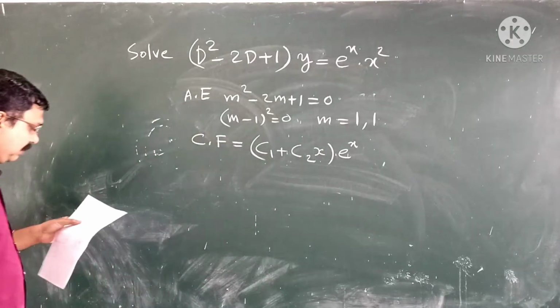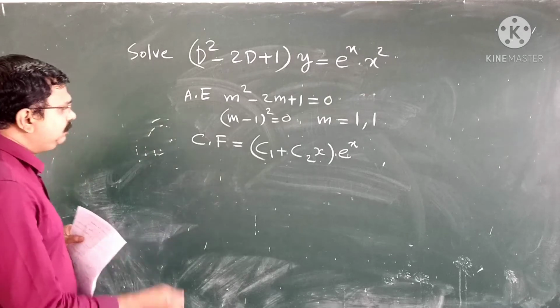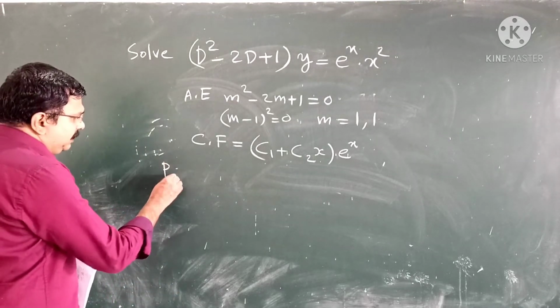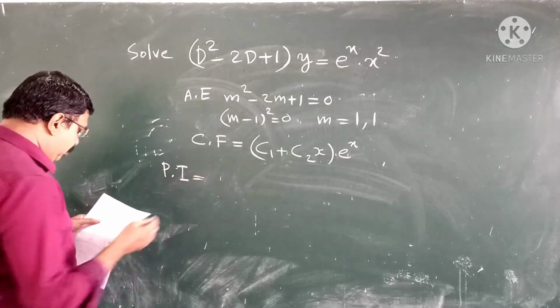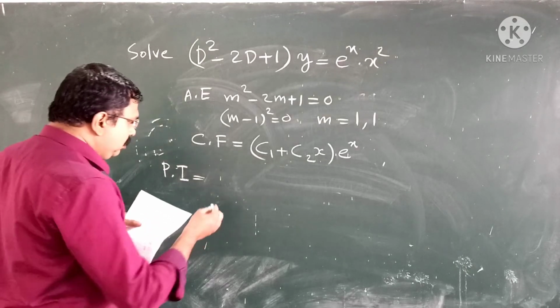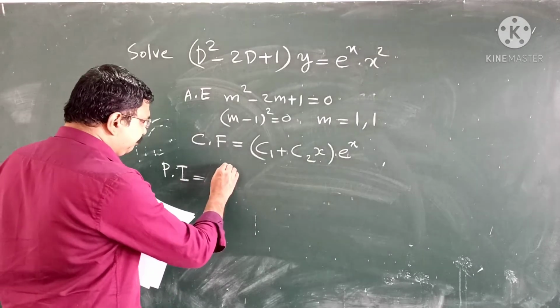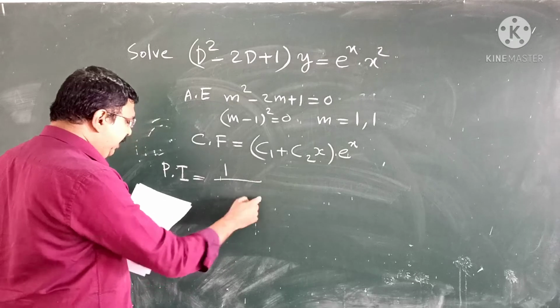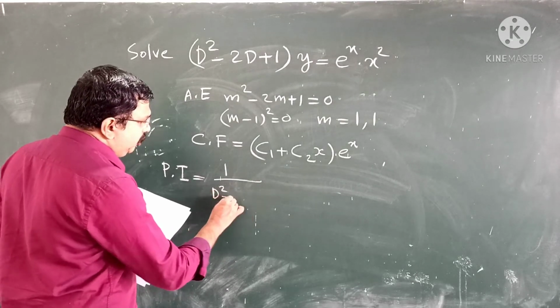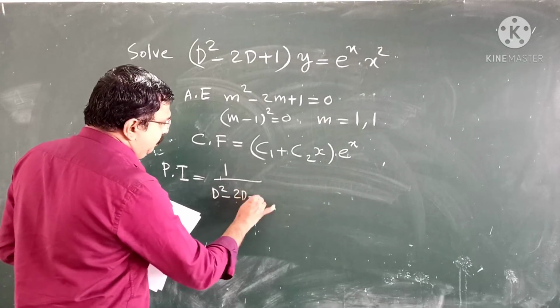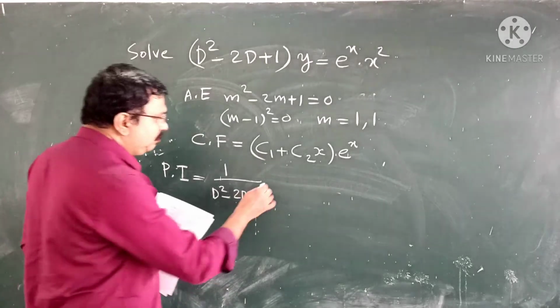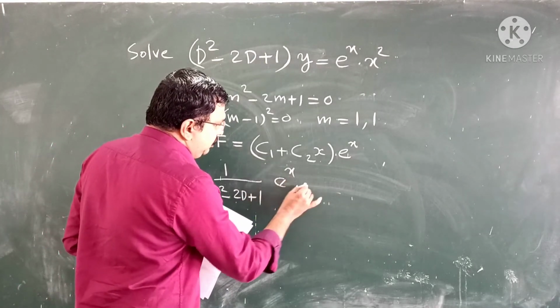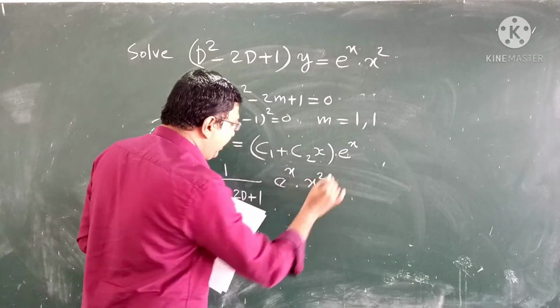Okay, then what is our particular integral? Particular integral is equal to 1 by f(D). f(D) is D square minus 2D plus 1, into e raised to x into x square.